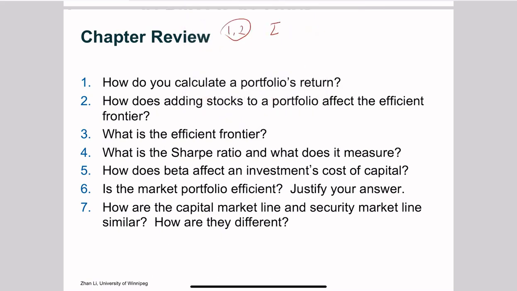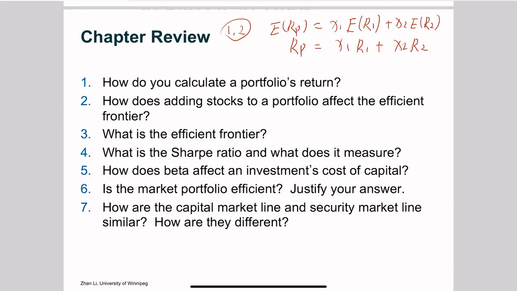Now, to calculate the portfolio's expected return, you would use stock 1's portfolio weight x1 times the stock 1's expected return, and x2 times expected return of the second stock. Or if you're talking about realized return, then it's just Rp equals x1 times R1 plus x2 times R2.